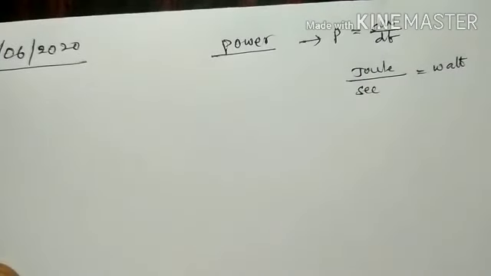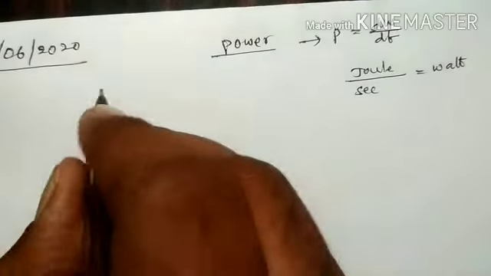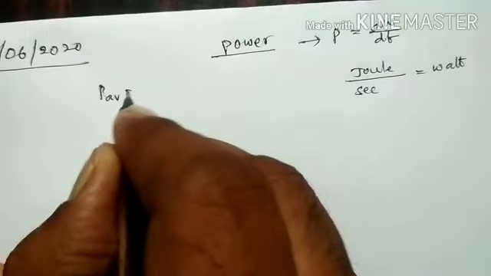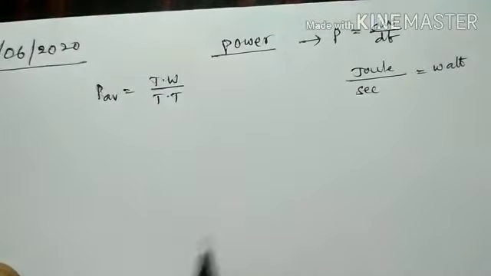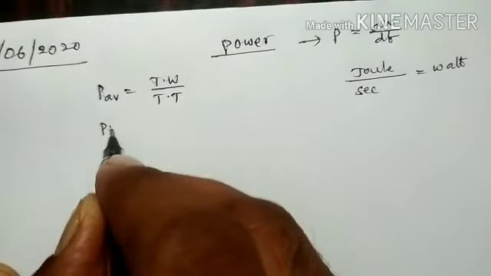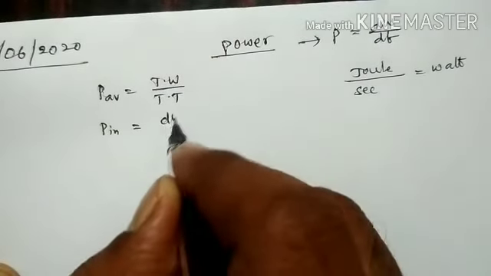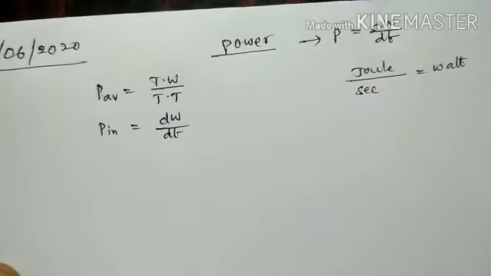And we have seen average power and instantaneous power. So what is average power? Average power is equal to total work done divided by total time. Instantaneous power means P instantaneous is equal to dW by dt.